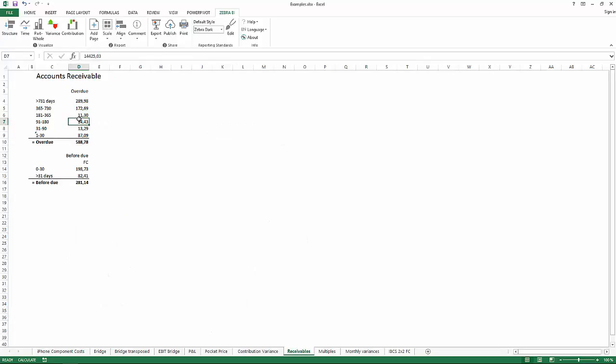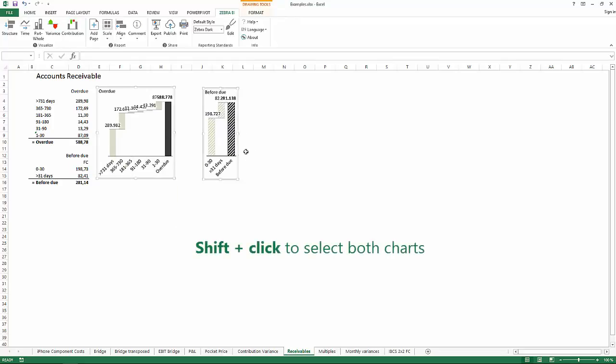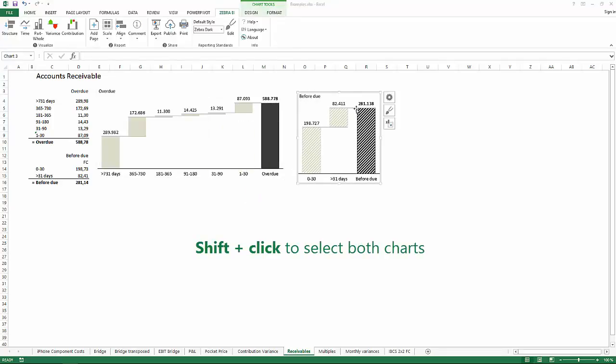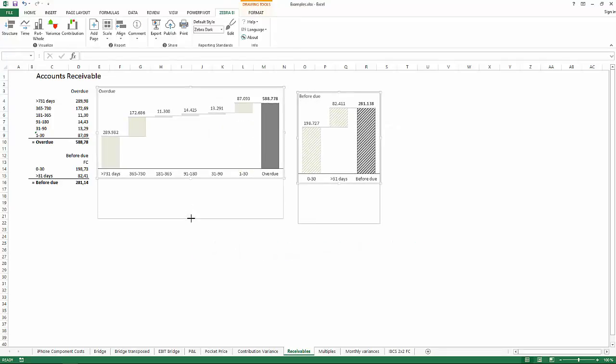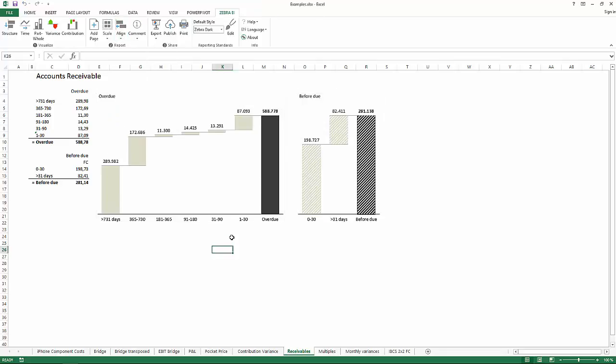The important thing when you work with waterfall charts is the scaling part. So let me insert, let's see, our receivables example. Inserting two charts. Let's make them bigger and align them. So my accounts receivable: two charts with two clicks, right?